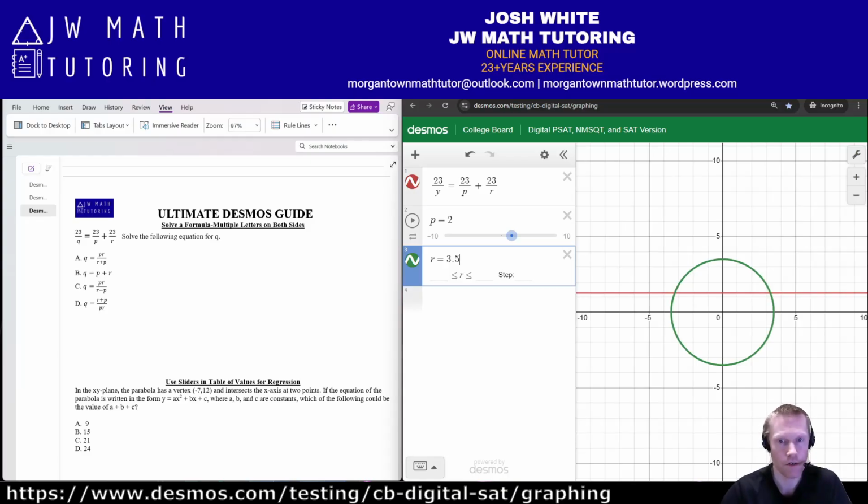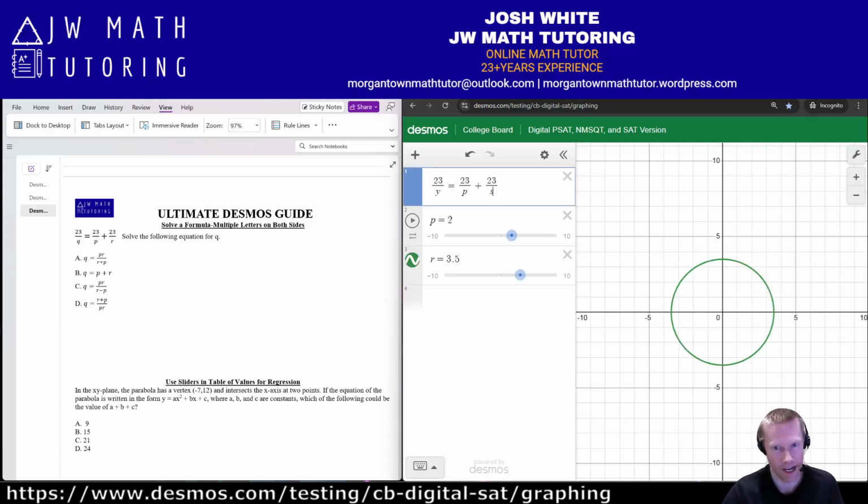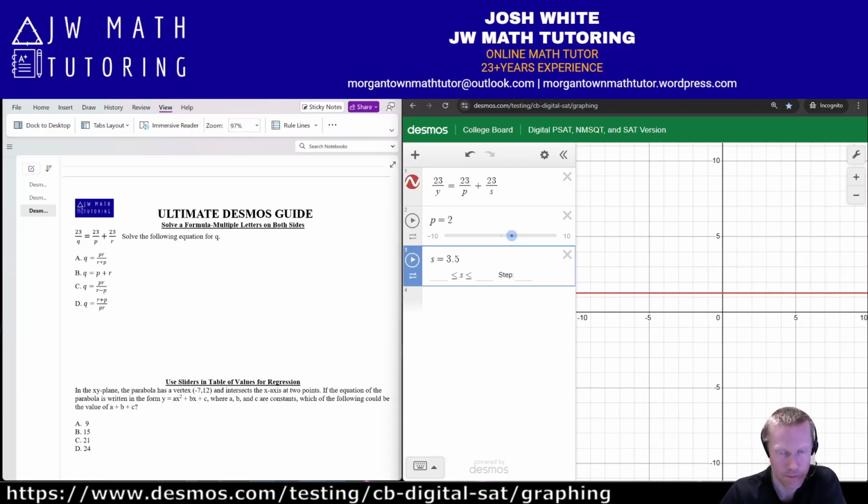Okay, now if you notice here, there actually is a slight problem, and this is something I mentioned in my introductory video. Technically, you can't use R because R is defined to be like the radius of a circle. So I'm going to instead change this R just to S, only for the purposes of this problem.